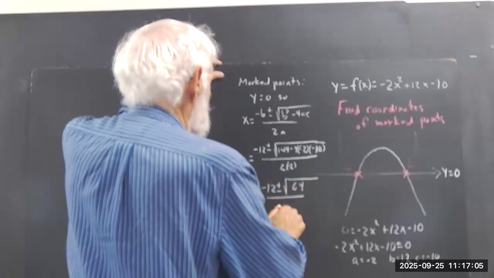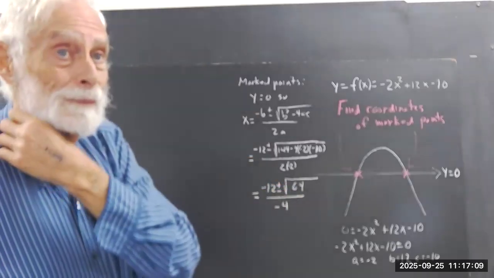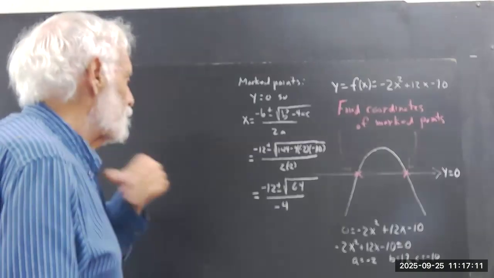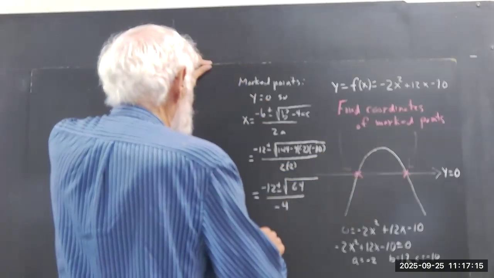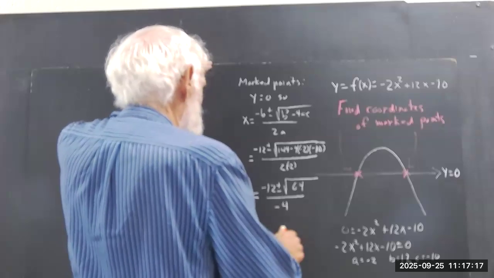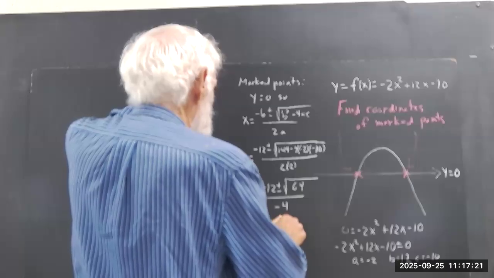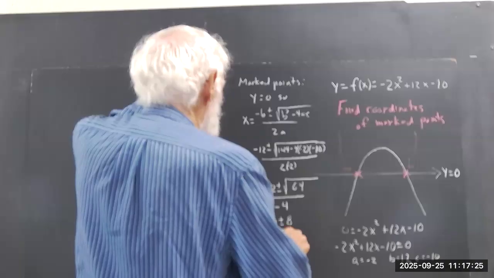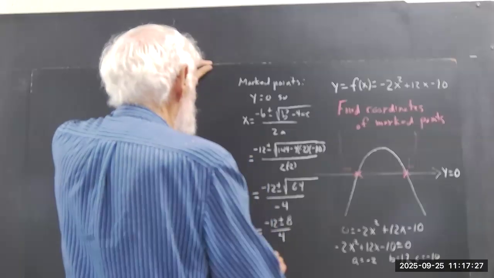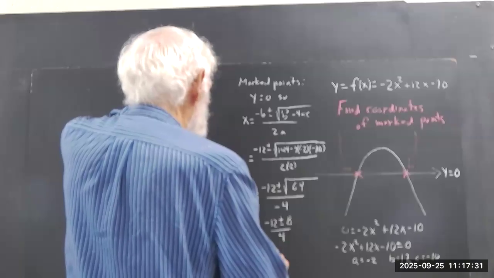So I went to the trouble to give you a perfect square here. It won't always be a perfect square, but get the idea. Using somewhat simpler numbers than you would sometimes have. So that's negative 12 plus or minus 8 over negative 4.